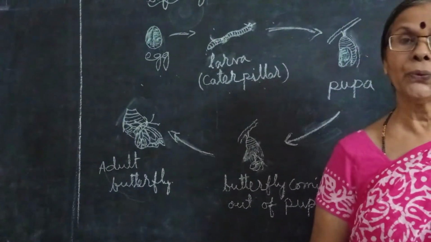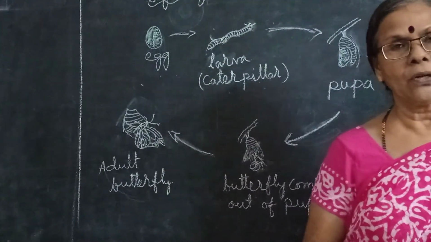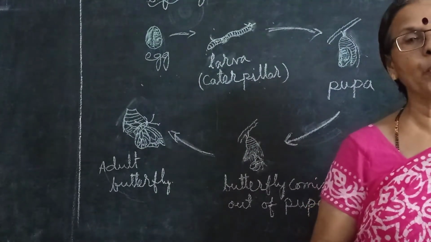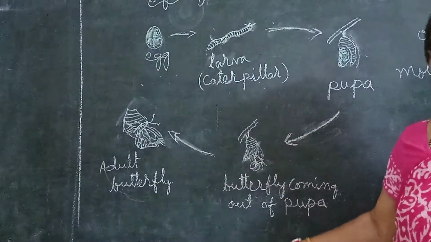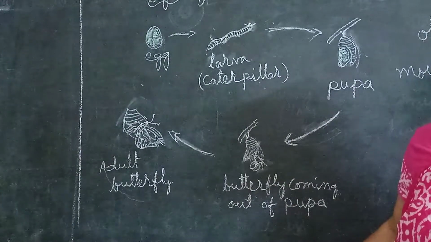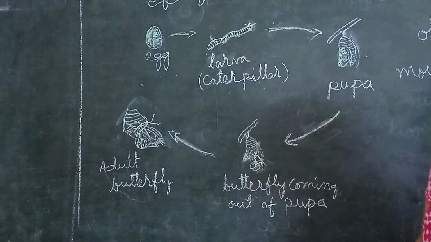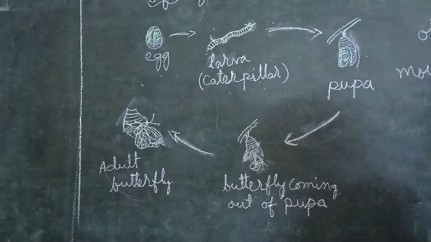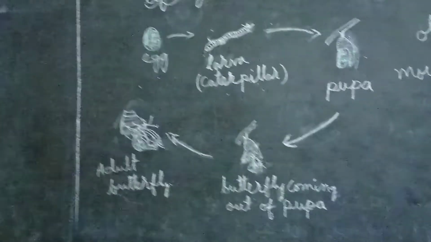That also you read. If you have any doubts, later when the school reopens, I will clear your doubts. Have you understood the life cycle of a butterfly? You can see this diagram also. Observe this diagram, how nicely I have drawn.